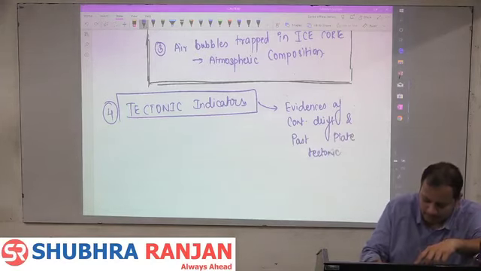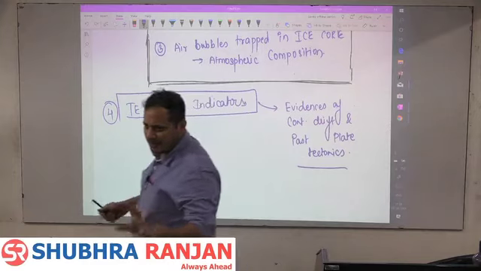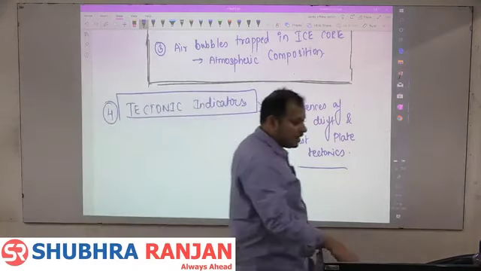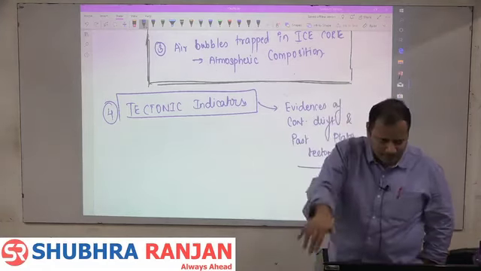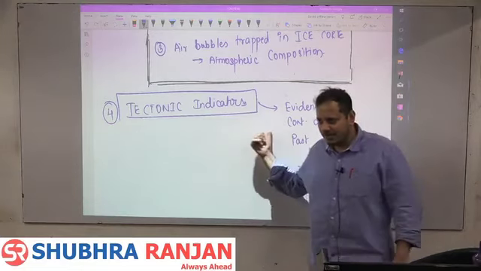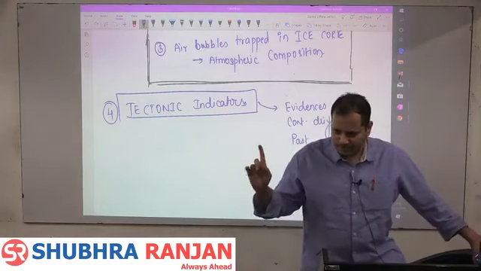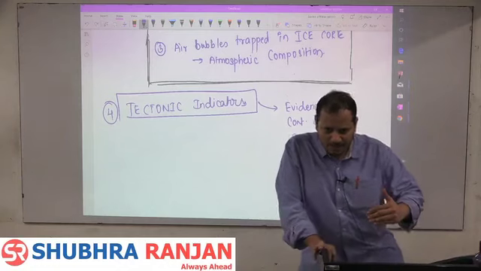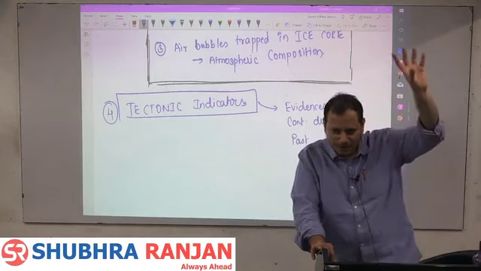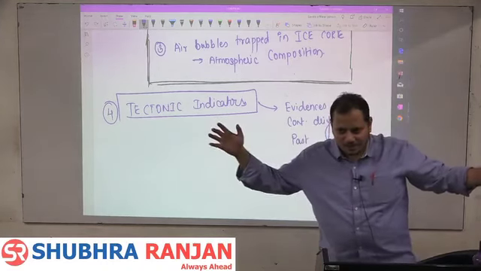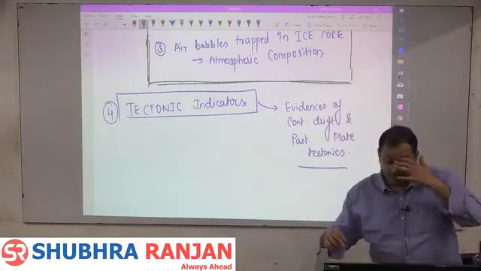Impact of Pleistocene ice age glaciation, how the continents moved, so you don't need to do this, it will not come anyway. Tectonic indicators of climate change: how Gondwana land was once glaciated, then how it came into tropical regions, then how it is present in the subtropical region. So the positive points of Wegener's continental drift theory are the tectonic indicators. It will never come also. Understanding? If you don't even remember, we have done this very properly: the Laurasia 1, Laurentia 2, the Angara land 1, Gondwana 1, Pangaea 1, Pangaea 2, this is all tectonic indicators. The 5 Pangaea we did.